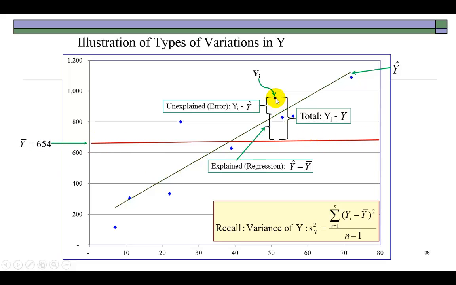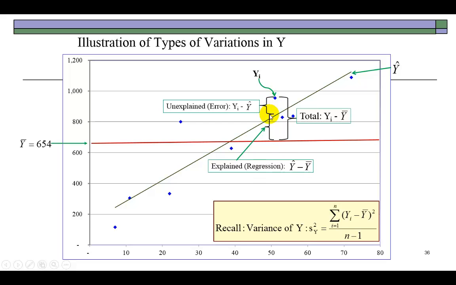The difference between this point and the red line is our total variation. So that's y minus y bar, the mean. That's what you see right here. Now though, of this total variation, this portion between the regression line and the mean is your explained variation. See, the regression line is y hat and the mean is y bar.